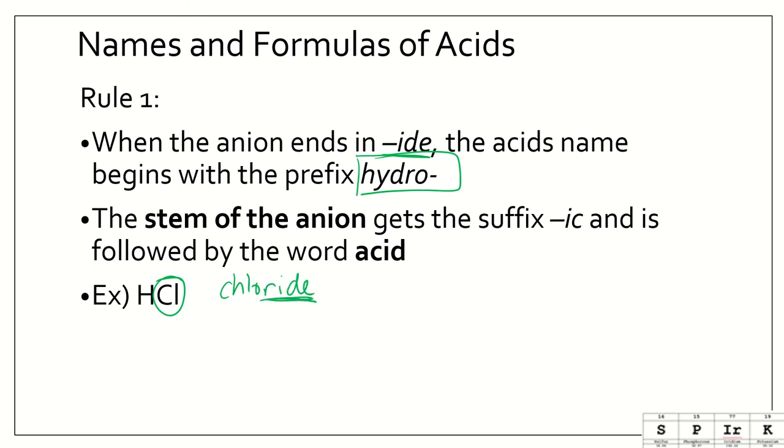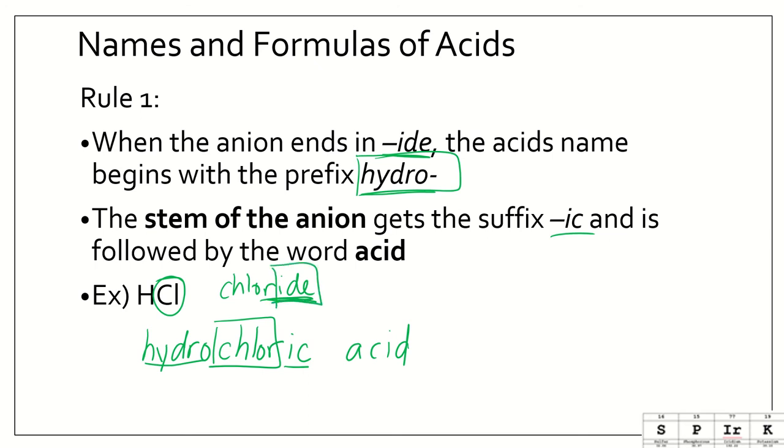Since it ends in IDE, we take the prefix hydro and then add ic. So we have hydro, the root of our element, chlorine, so chlor, and then we add the suffix ic, followed by the word acid. Hydrochloric acid. And that's all because the anion ends in IDE.